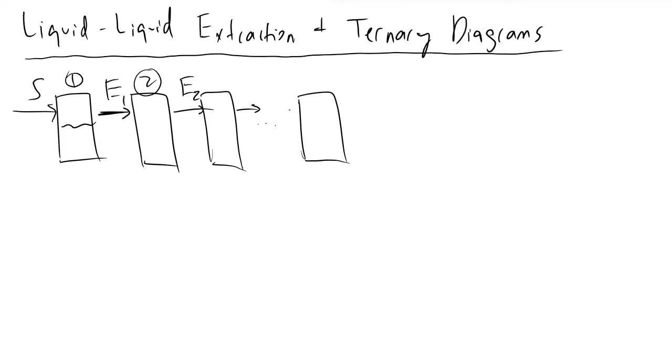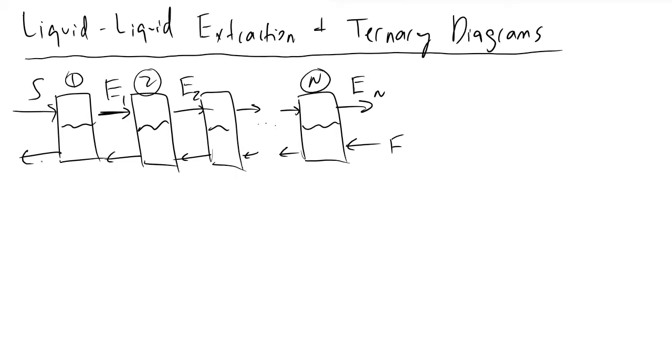And extending this to our nth tray, we will have an outlet extract composition En. Then coming in to our nth tray, we will have a feed with a known composition F, and the feed will continue to move in a countercurrent fashion through our liquid-liquid extraction unit.